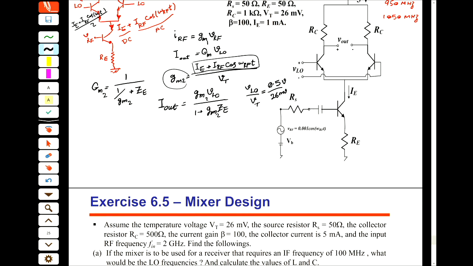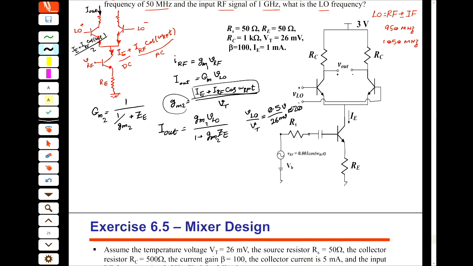So this is 0.5, this is 26 millivolt. I mean, this is almost 20 times of that one.